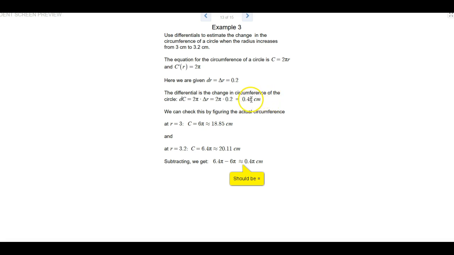So this is telling me the circumference will change approximately by 0.4 pi centimeters for a 0.2 centimeter change in the radius. We can check that by figuring the actual circumference when radius is 3 and the actual circumference when radius is 3.2 and finding that difference. So this was delta y, this was dy.